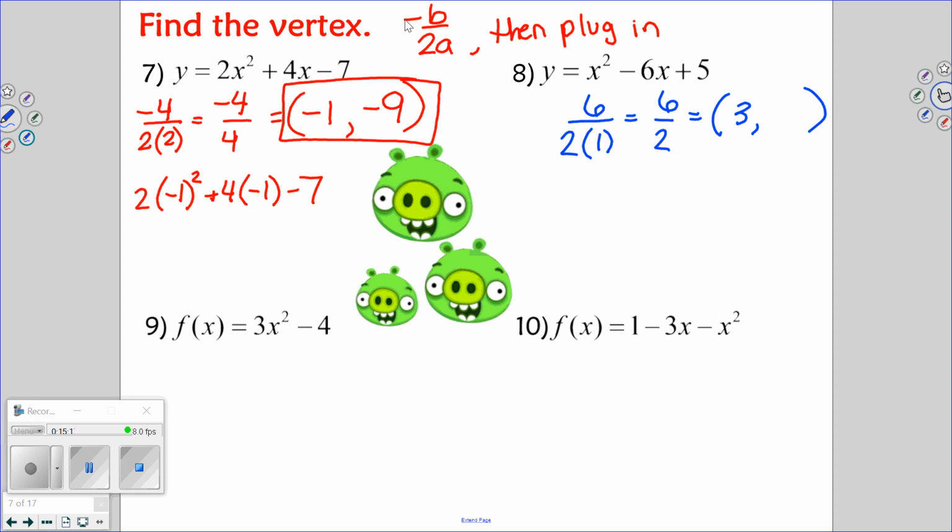You okay? Yeah. All right, and then how do I find the other part? Plug it in. So 3 squared minus 6 times 3 plus 5, negative 4. So that vertex will be located at 3, negative 4.